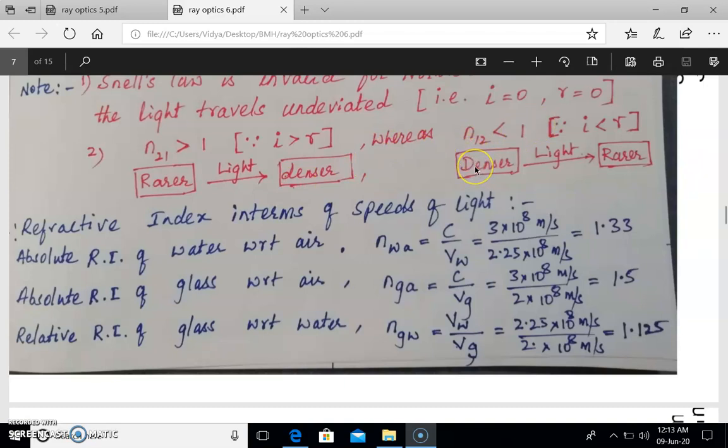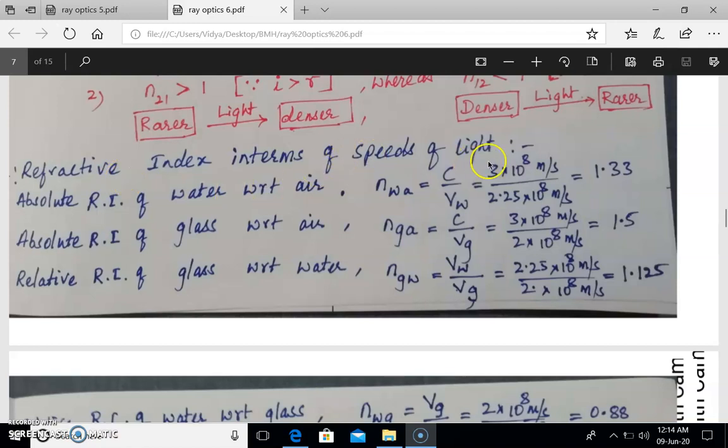For light traveling from denser medium to rarer medium, light bends away from the normal. Angle of incidence is less than angle of refraction, and if you take the ratio of sin I by sin R, we will get the refractive index of the first medium with respect to the second medium, that is the refractive index of air with respect to glass, which amounts to be less than 1.